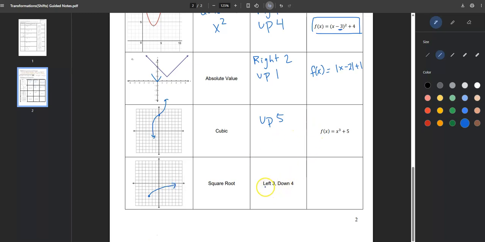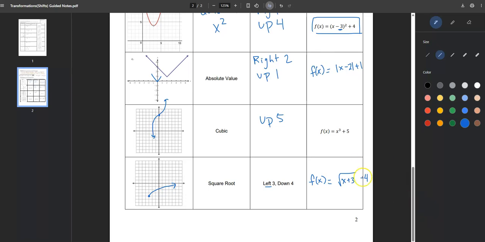Again, you always want to do left and right first. You'll see why that is on day 3 when we get to that next stuff. The equation for this would be f of x equals, I'm going to have my square root. Again, if I'm going to move left, I have to go x plus 3, and then outside I have to go minus 4 for the last part right there.